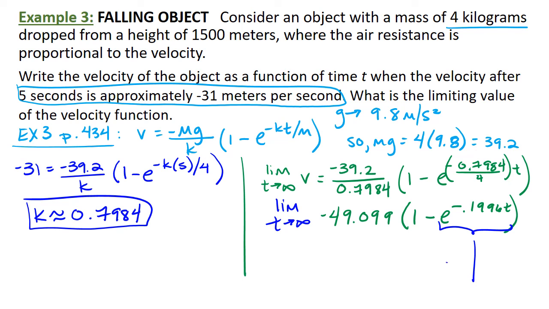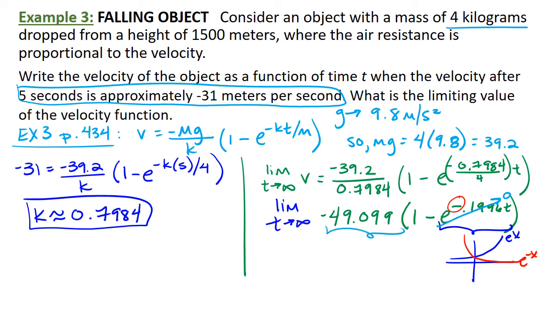So I just want to remind you that the graph of e to the x looks like this. So the graph of e to the negative x looks like this, which is really what we have. And if you look at this, as x or t approaches infinity, this value is approaching 0. So all of this here is approaching 0.